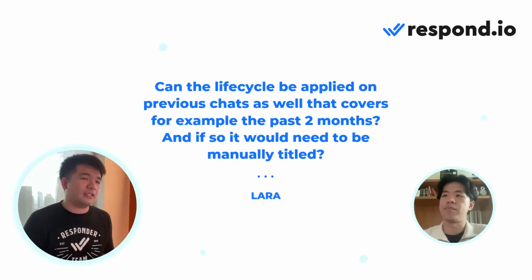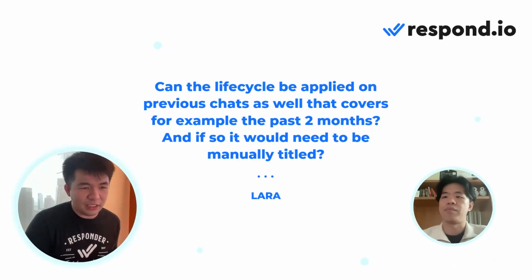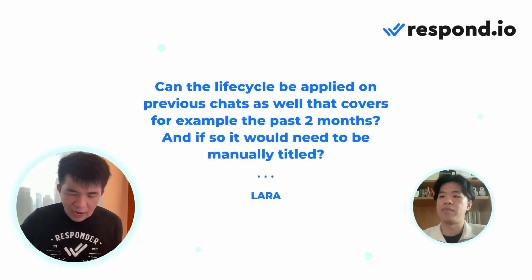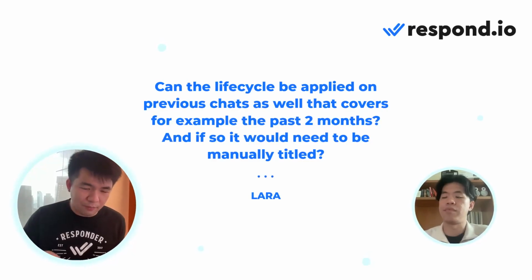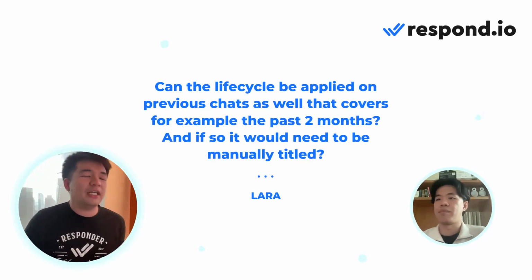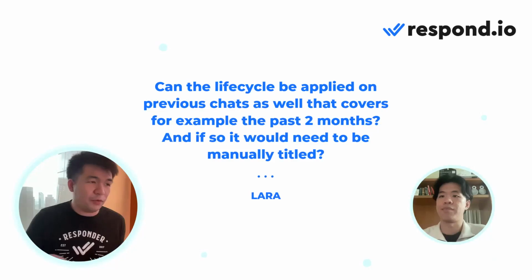Even though it's in the last 2 months, and let's say you only apply the life cycle stages right now. So from Google Sheet itself, it is a log data, right? So if you do it now, it will only track the data from now onwards. So unfortunately, you won't be able to track the past 2 months data, especially if you only enable lifecycle right now.